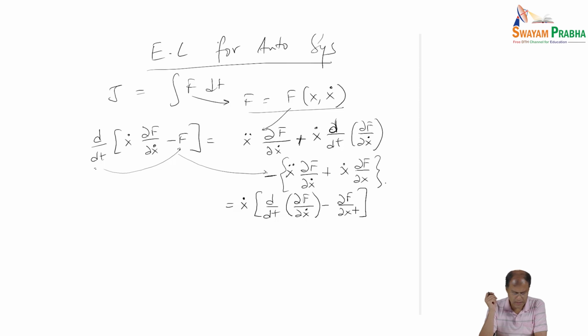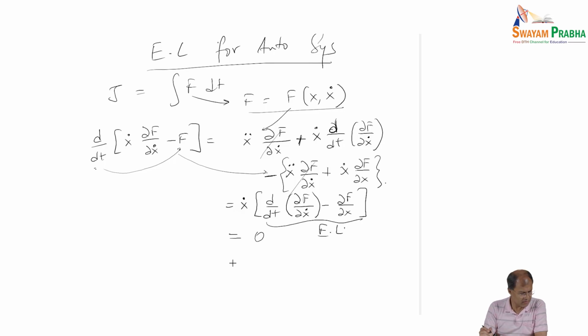This is via the chain rule, and these two get cancelled. Of course, this is 0 because this is our Euler-Lagrange equation.